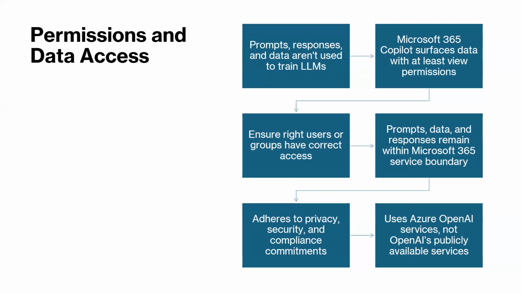Now, in the Copilot world, the thing to keep in mind is that if you have files sitting where people you don't want to access them have access to them, but you think they don't know they're there, they don't even know that folder exists, so they're never going to see it, well, Copilot is obviously going to have the ability to search all of that. If that document contains information that relates to the question that user asked, it could surface that data. Again, it just speaks to the importance of adhering to those best practices.